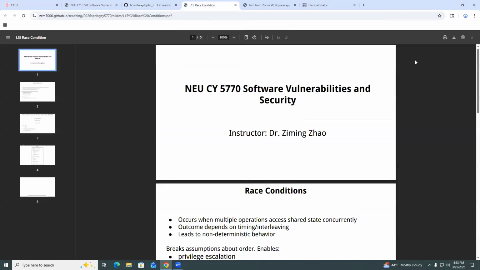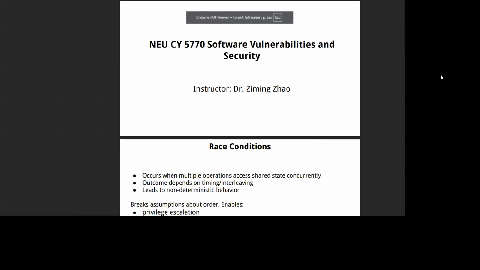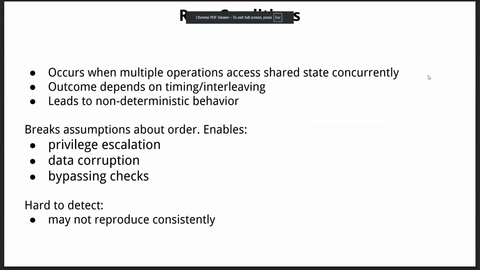Cool. So there's another thing I want to really quickly explain, which is race conditions. This is a bug we haven't been talking about. In systems class, you learned about concurrency, and this is related to that. In systems class, you think about how to address concurrency issues, and in a race condition, as an attacker, you try to exploit those conditions.